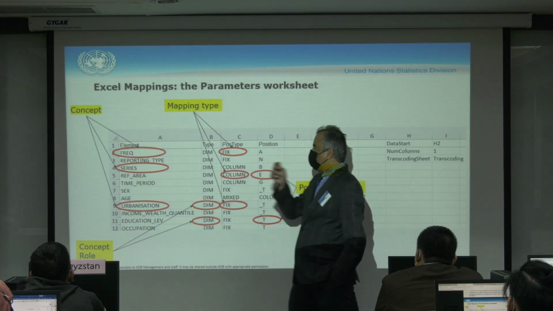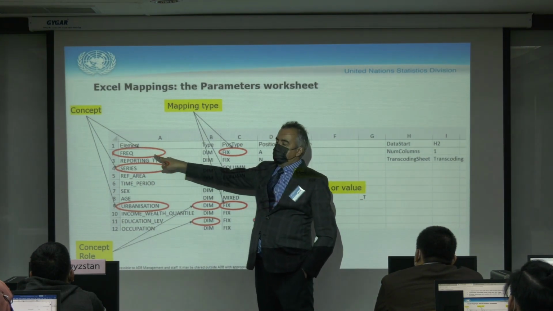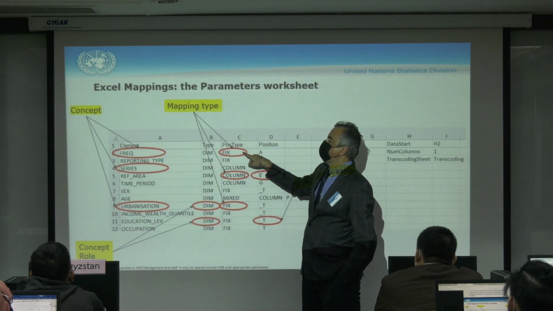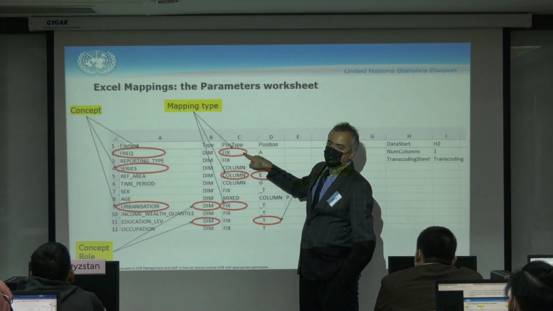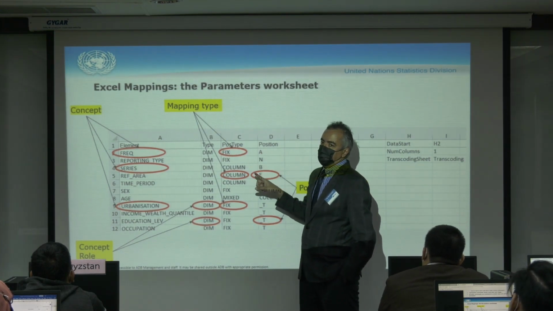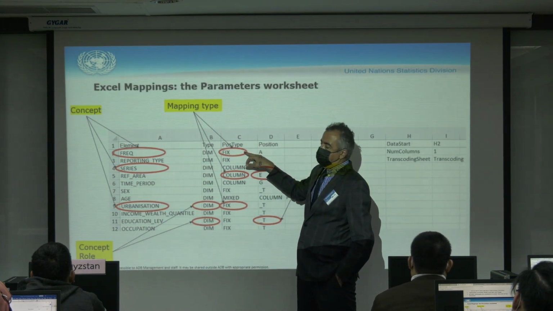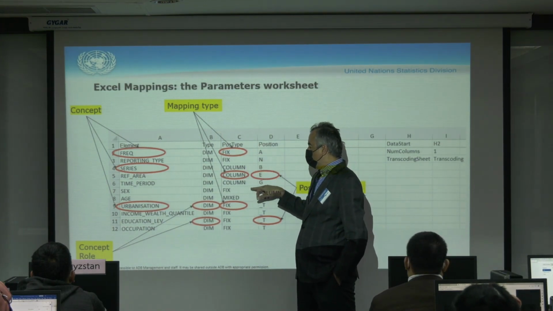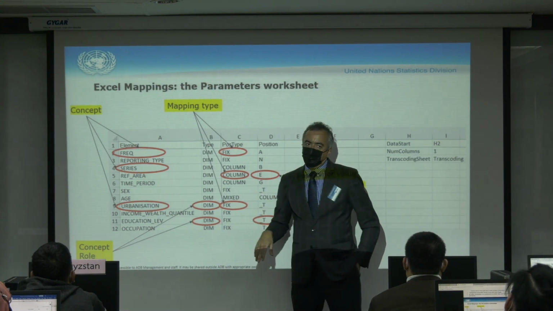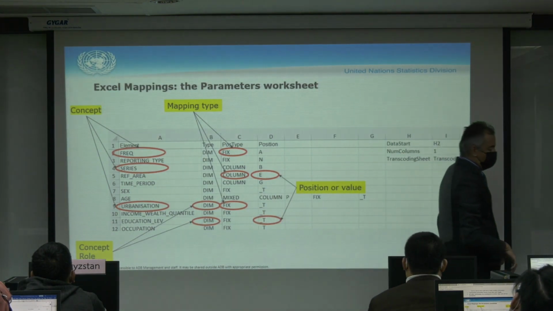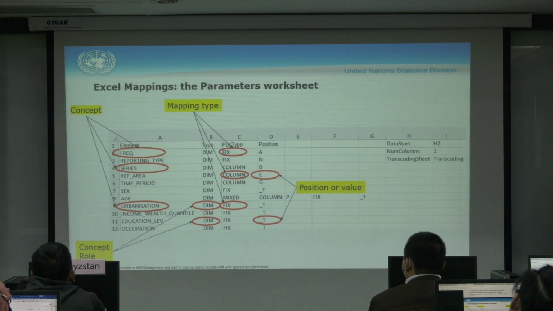It shows how the concept maps to your spreadsheet, and we'll be looking at that in more detail. You can have various mapping types: fixed value, column, row, mixed, cell, and others. We'll look at that later.